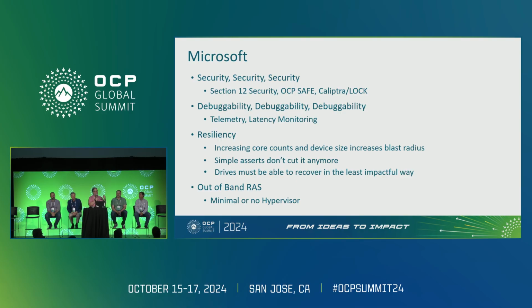Recently, Satya came out and basically said security is our number one initiative, and every single employee at Microsoft has a security KPI. I'm glad that I'm working on Lock because that's the security stuff. But it's everybody in this room's responsibility.